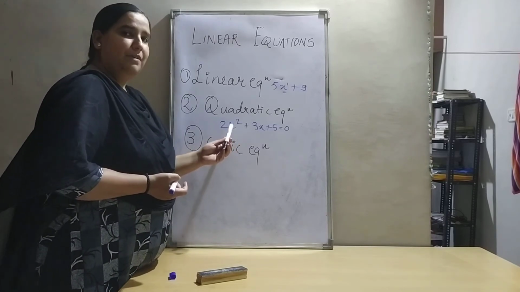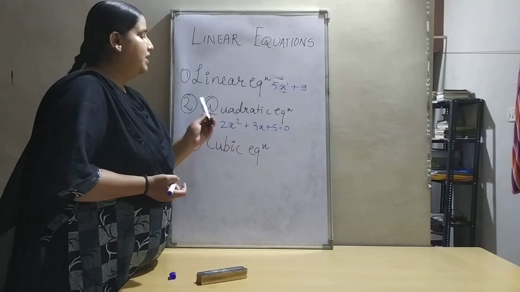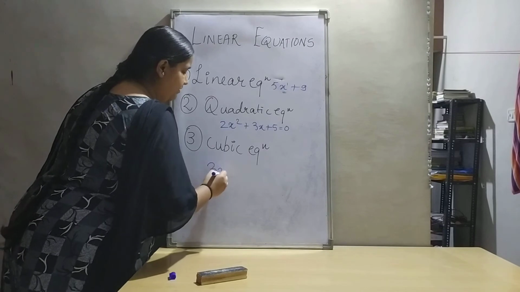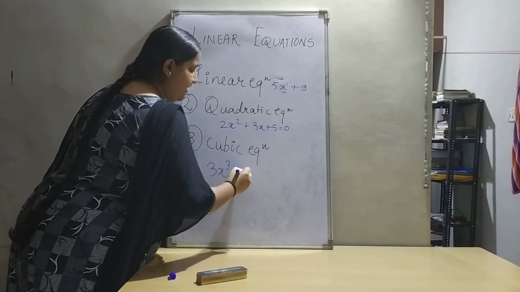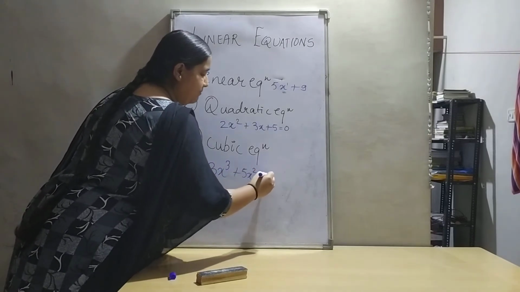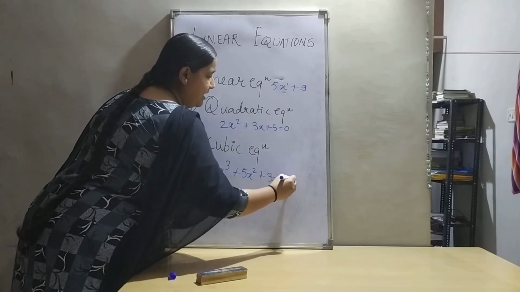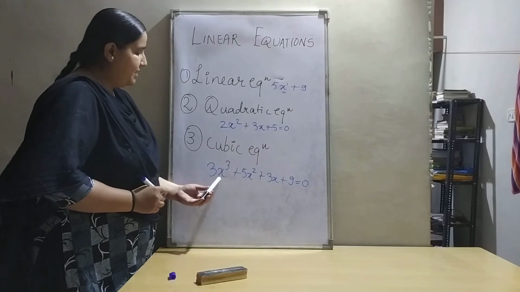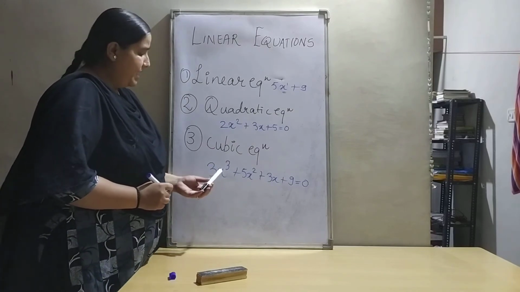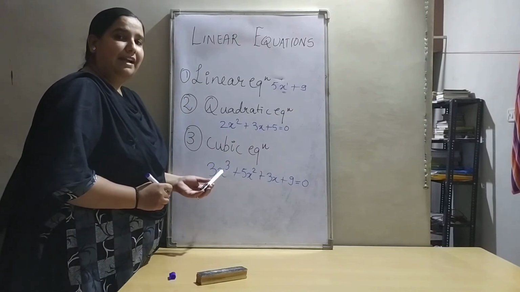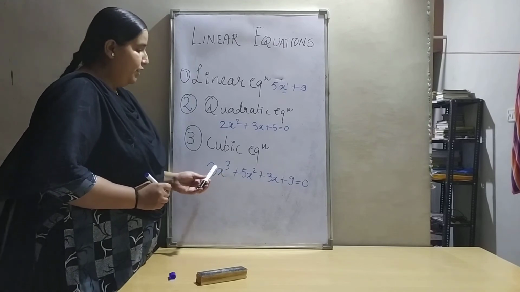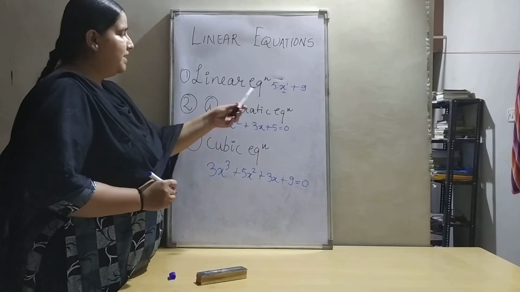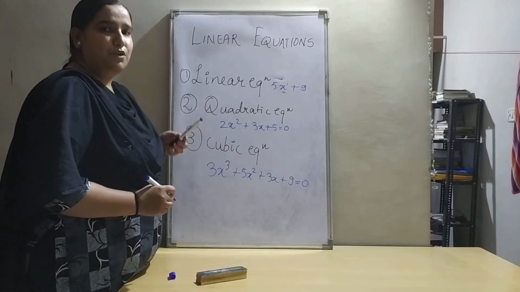Whenever the highest power of the variable is 2, we call it a quadratic equation. Now if I write 3x cube plus 5x square plus 3x plus 9 is equal to 0, here the highest power of the variable is 3. Whenever the highest power of the variable, that is the degree of the equation, is 3, we call it a cubic equation. Therefore, it is very clear from the examples what the different types of equation are.